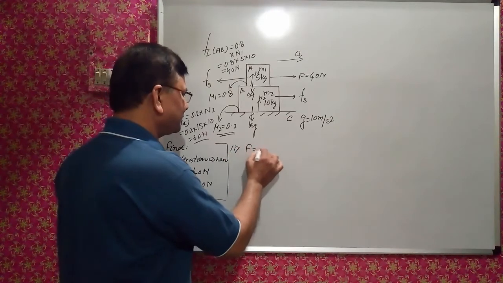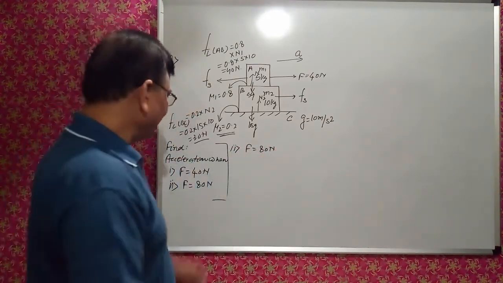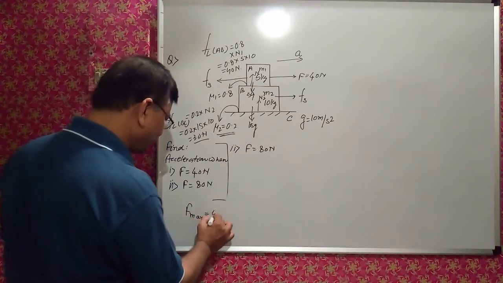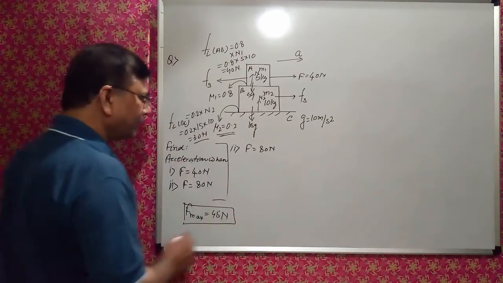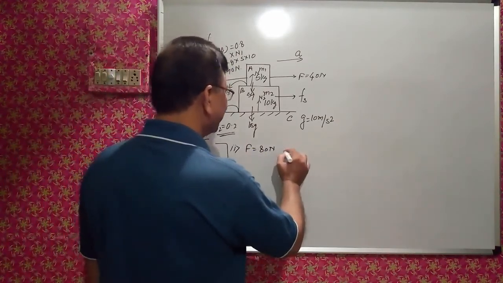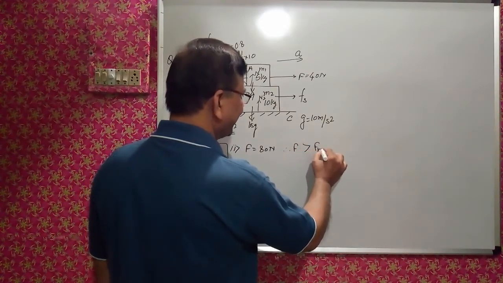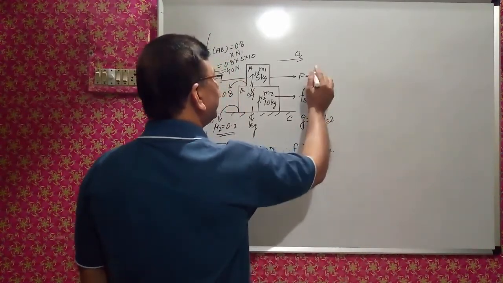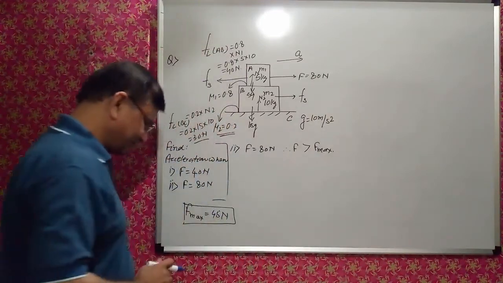Second part is F is equal to 80 Newton. We have found that F max was how much? It was 45 Newton. Now F is 80 Newton, therefore F is greater than F max. If F applied is 80 Newton over here, this is greater than the F max.